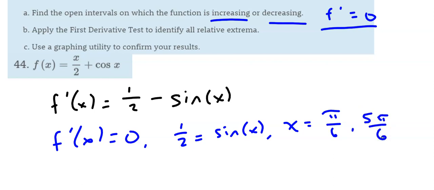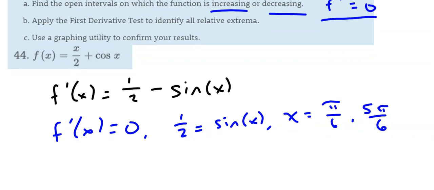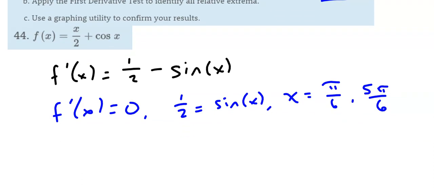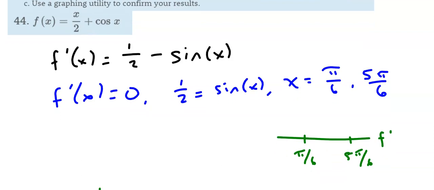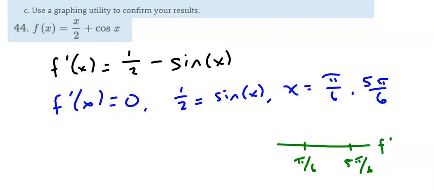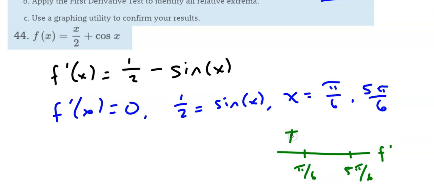Okay, let me do the line test to make sure that I have increasing and decreasing. So here's pi over 6, here's 5 pi over 6. This line test is for f prime. On the left, I have something like sine of 0, which is 0, so that's a positive value.